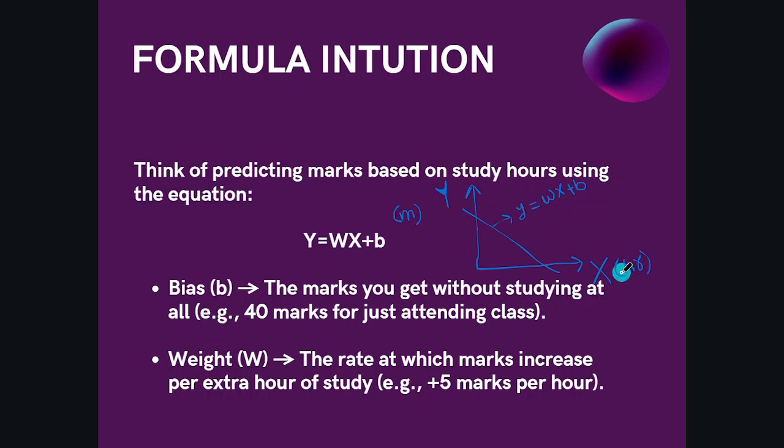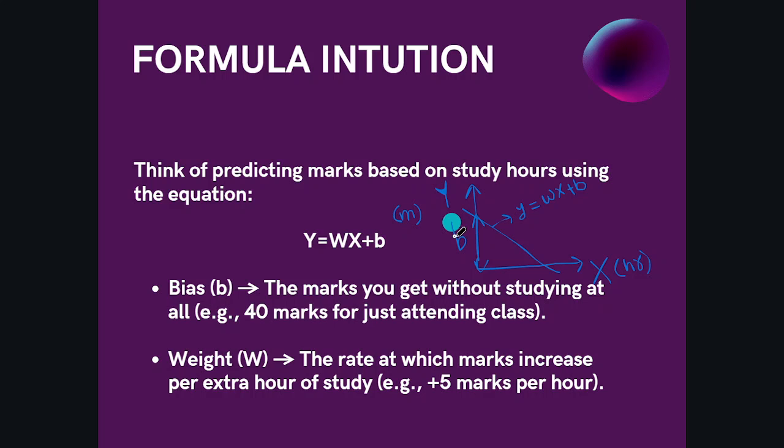Marks we get without studying means what? We have studied for 0 hours and we've got some marks. So that is what bias is. Intuitionally, we can say this length is our bias.